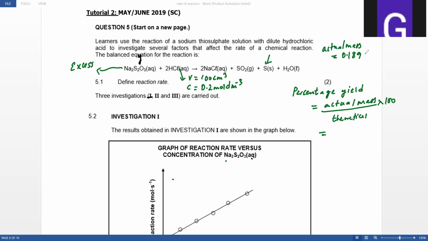So already we have the actual, so we have to get the theoretical from the reaction. Now look at these guys. We're given the information for hydrochloric acid, and they told us that the sodium thiosulfate was in excess, which means we're not going to use sodium thiosulfate. Why? Because if we use the information of sodium thiosulfate, it means not all of its moles will react, some will remain. So it means you have to use this one because this one is the limiting reactant.